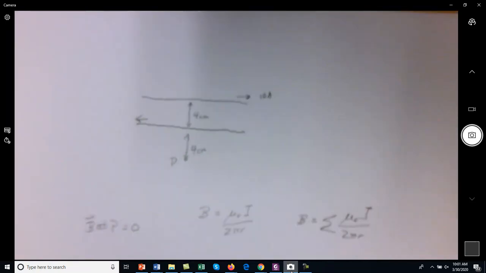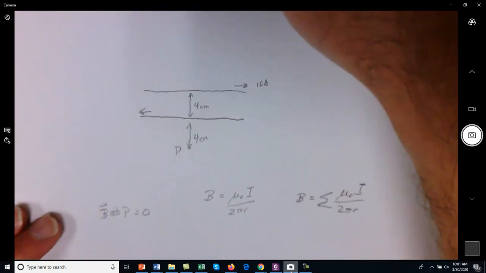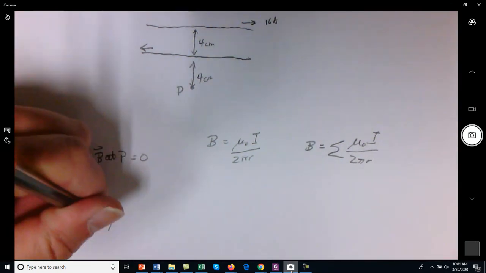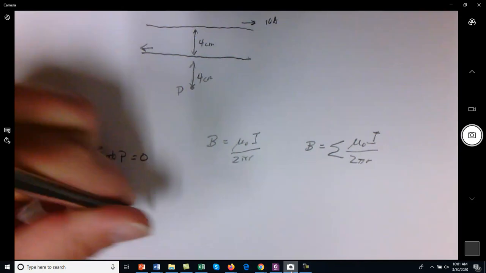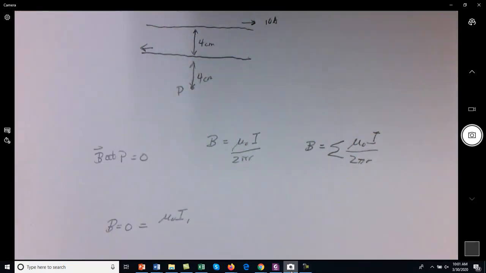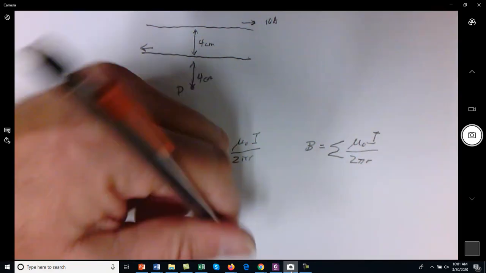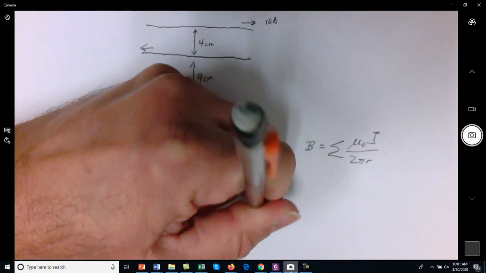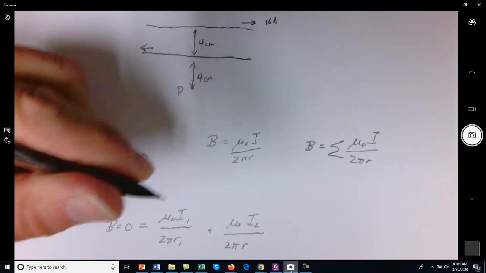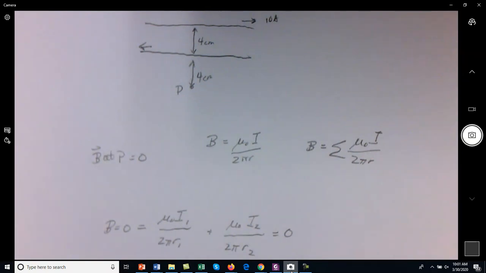So B equals 0 equals mu naught I sub 1, for the first wire, divided by 2 pi R sub 1, plus mu naught I sub 2, for the second wire, over 2 pi R sub 2, and all that is equal to 0.